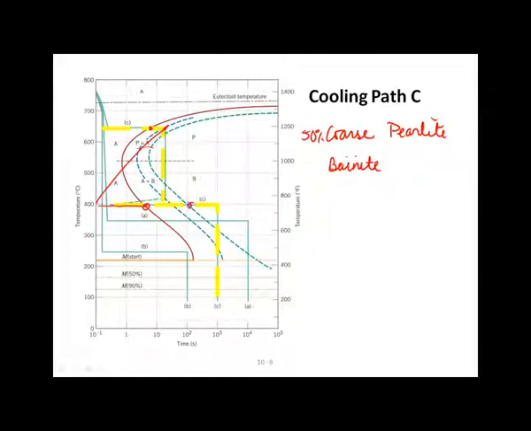Yep. So we have half pearlite, half bainite. Sweet. So if I gave you a cooling path, either as a drawing or writing it out, could you tell me what kind of microstructure it would get? Or if I gave you different microstructures and said which one is going to give me half pearlite and half bainite, could you pick it out?